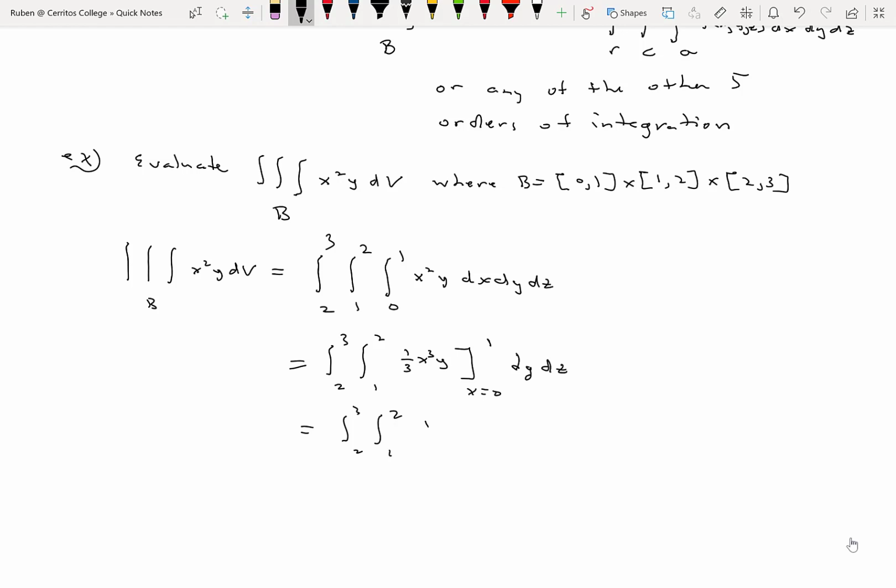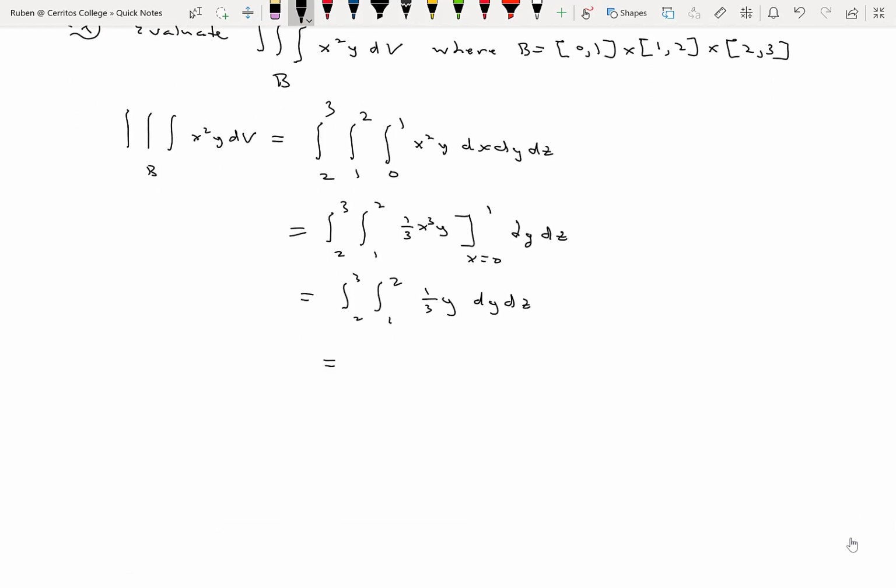And what are we going to integrate? If x equals 1, I'm looking at 1/3 y. If x equals 0, I'm looking at 0 at the lower limit. So the antiderivative with respect to y of 1/3 y is 1/6 y squared. The integral of y is y squared over 2, and 2 times 3 is 6. And this is as y varies from 1 to 2, and then we integrate that with respect to z.